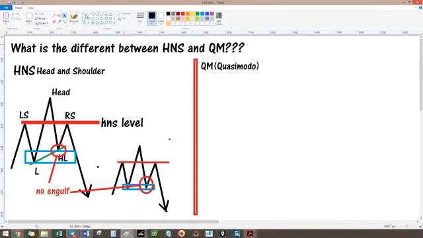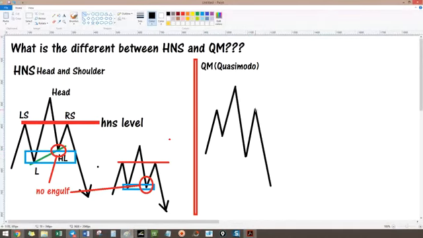Quasimodo, it will look something like this. 1, 2, 3, 4. Then we'll be entering on this left shoulder also. And you have something like this. Right.